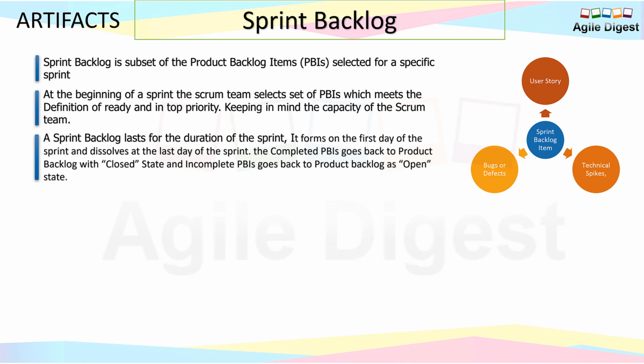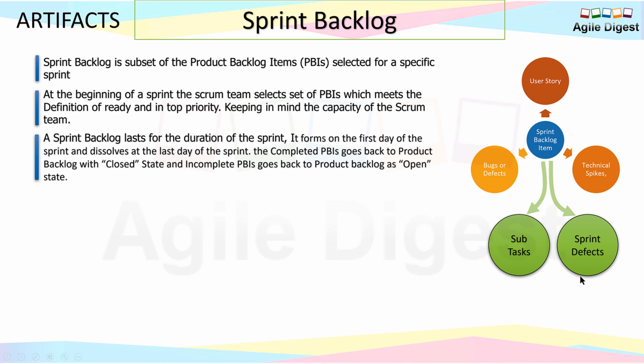Now if I talk about sprint backlog items, it can have the same type of work: user stories, technical spikes, bugs or defects, all of them are part of the sprint backlog. Additionally you can have subtasks or sprint defects. In Jira, sprint defects do not exist.